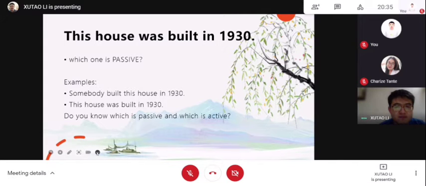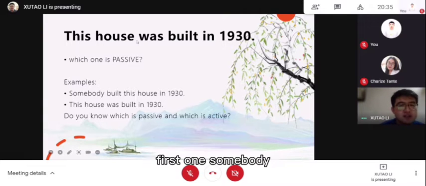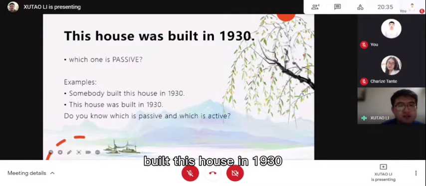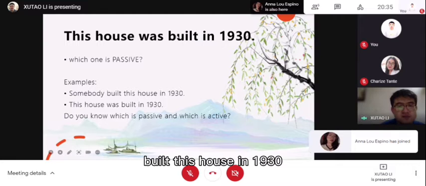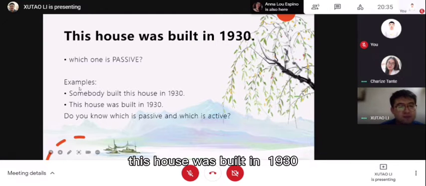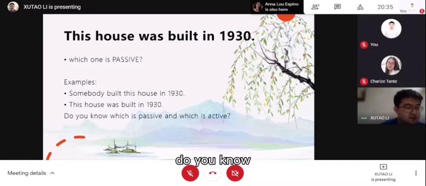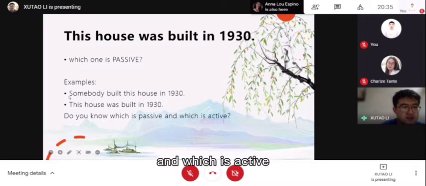Here are two other examples. First one, somebody built this house in 1930, and this house was built in 1930. Do you know which is passive and which is active?